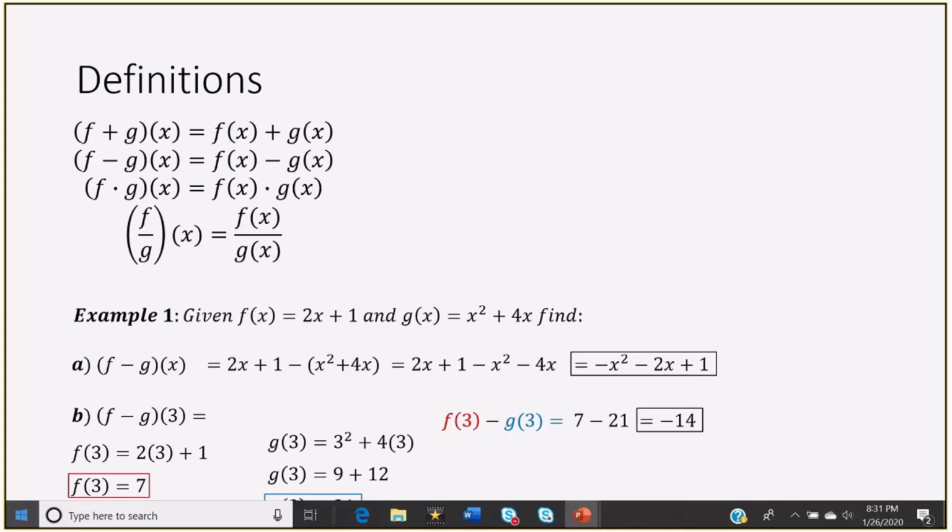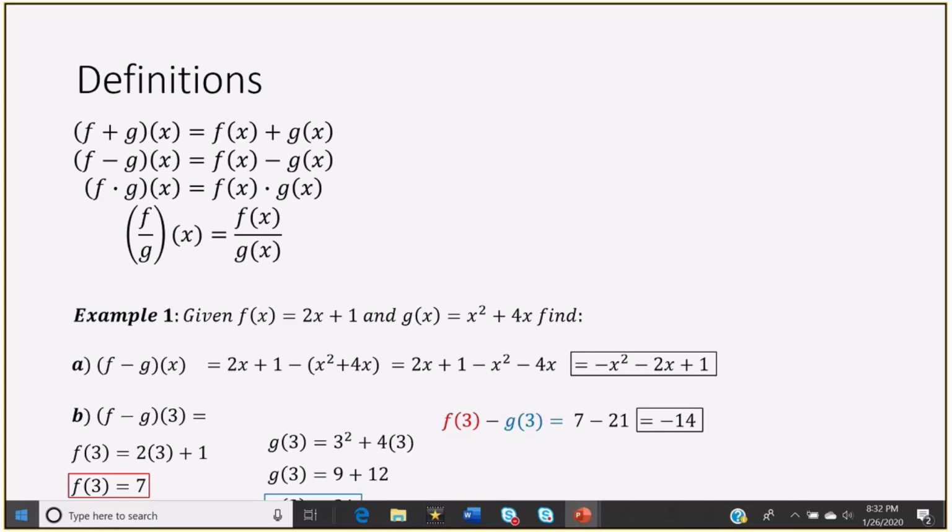Now, you have two options when you have a number involved. One of your options, and in this case it's very doable, is to plug the number into each individual function and then perform the addition or subtraction. Or if you really wanted to, we already had f minus g of x above.